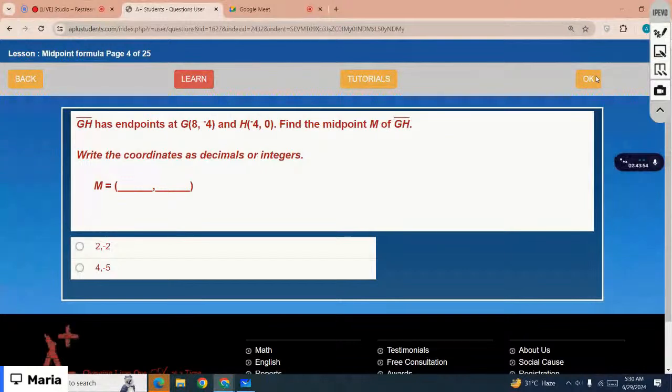The correct option is, that is option number 1, 2 and negative 2.